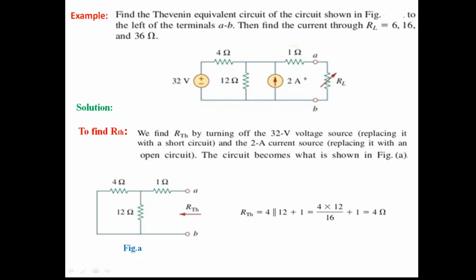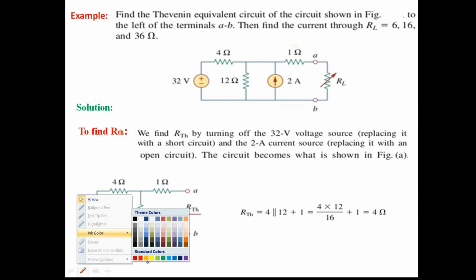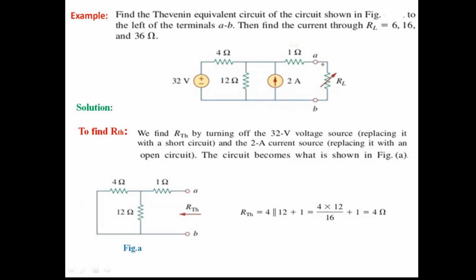So what the problem is asking is that you have to find the Thevenin's equivalent across the terminals A and B in the circuit.